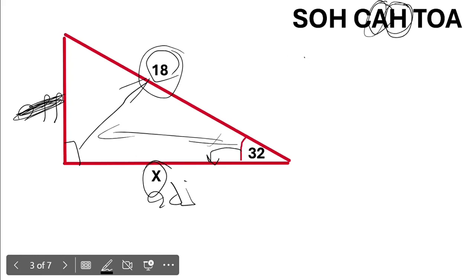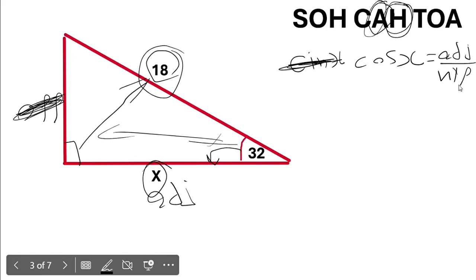Now cosine x equals adjacent over hypotenuse. Cosine 32 here, sorry. Adjacent is x and hypotenuse is 18.